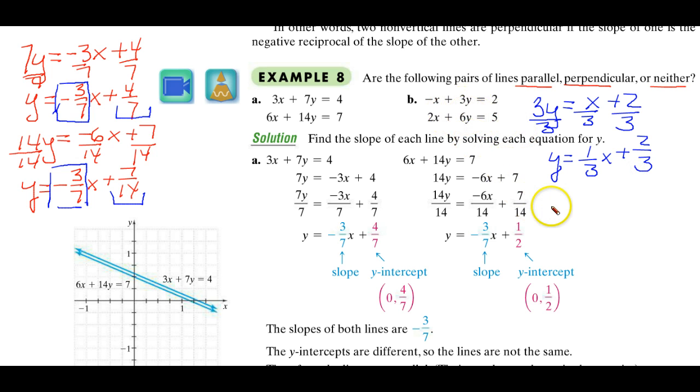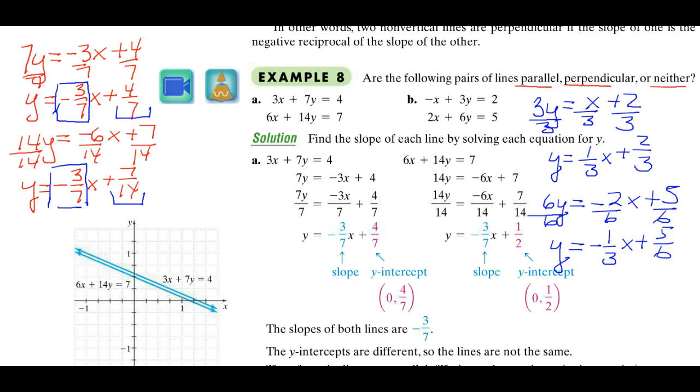Now I'm going to solve for this one here. 6y, transpose this, equals a negative 2x plus 5. Now divide everything by 6. This is y equals a negative 1/3 x, I'm going to simplify, plus 5/6.